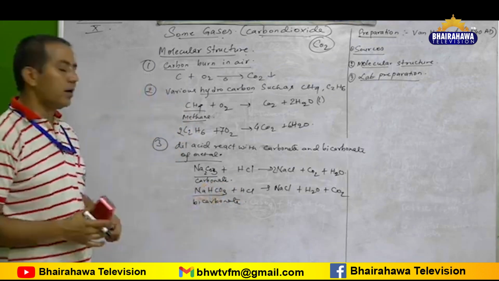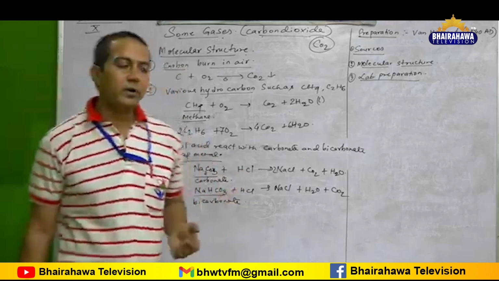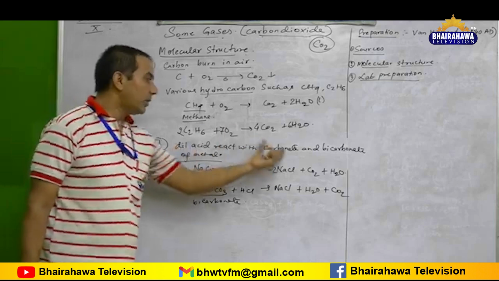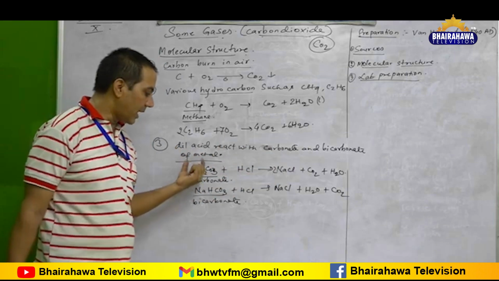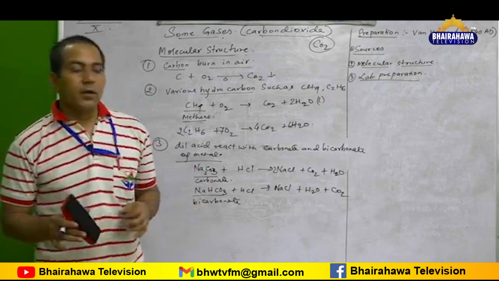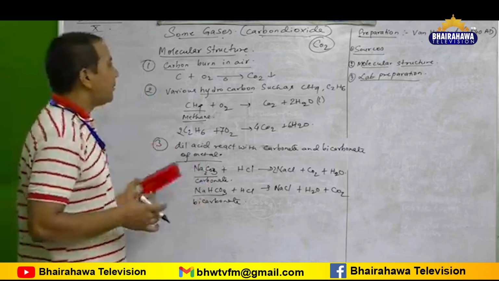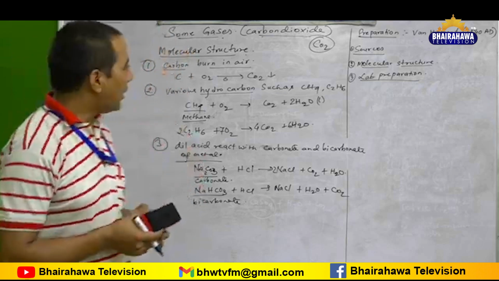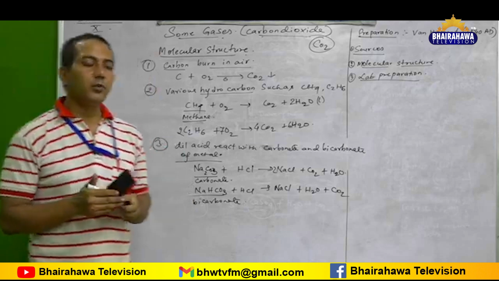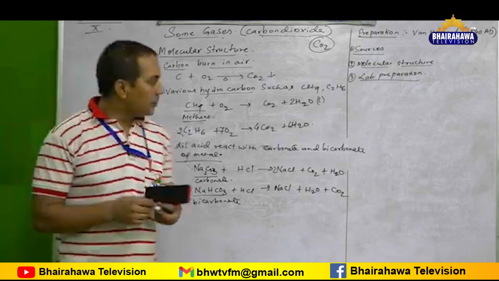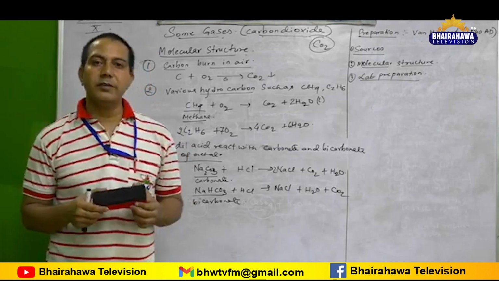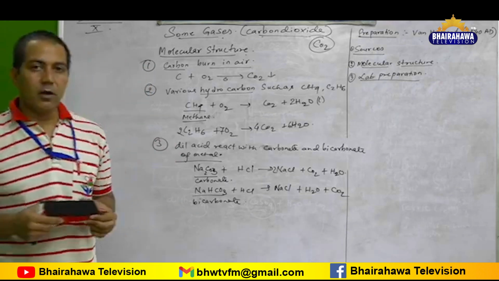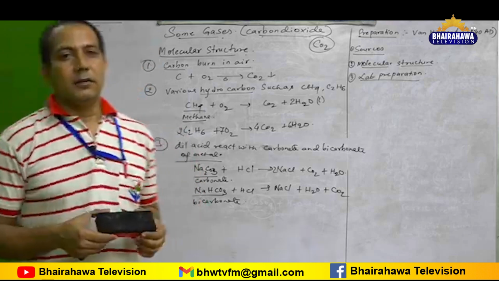From this we come to know that we can prepare carbon dioxide by reacting dilute acid with the carbonate or bicarbonate of a metal. So, in this way we can prepare carbon dioxide in the laboratory or in other forms, and the other parts we will study tomorrow. So, this much for today, and I hope you understand all the things we have studied. Thank you all and good day.